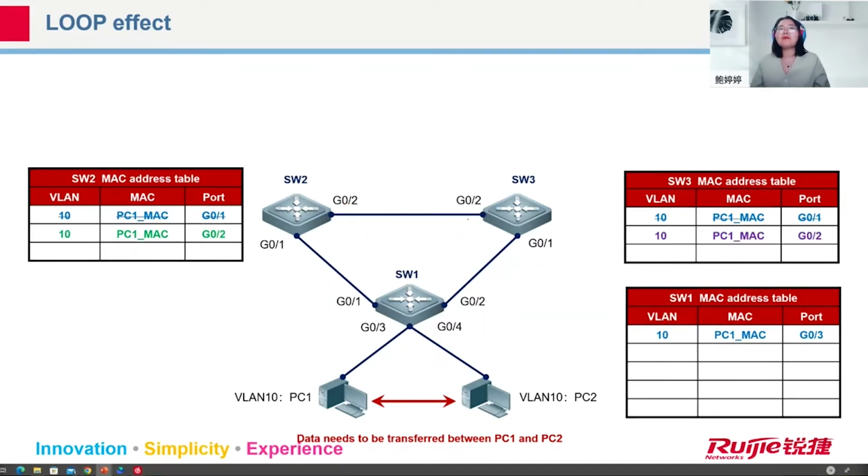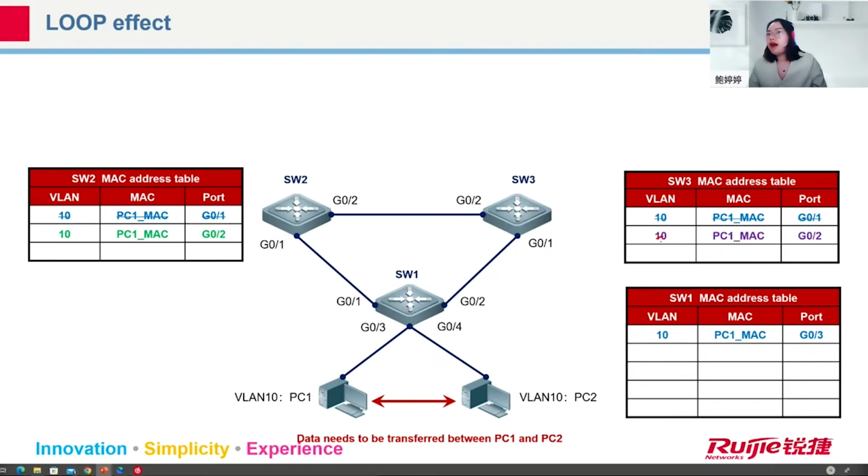Then the next step, switch 2 and switch 3. For example, switch 3 receives that message from switch 2. We will find the VLAN is VLAN 10 and the MAC address is the same, the PC1 MAC address. Pay attention: in a MAC address table, one MAC address can only have one entry.